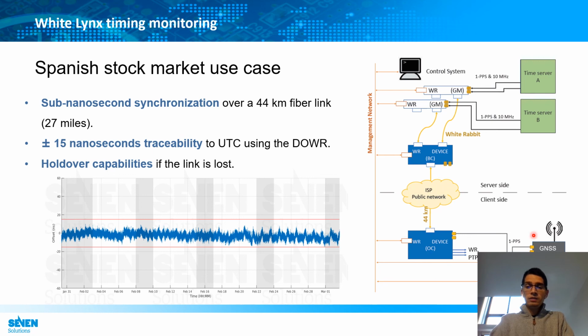And in the second data center, we had a GNSS disciplined oscillator, which also provides White Rabbit. So we were able to provide traceability to the time information that we were receiving here. And the accuracy that we were able to achieve was the one that the GNSS receiver was providing, because in that link, and in the comparison, we were maintaining the sub-nanosecond accuracy. Additionally to that, we included some rollover capabilities that we could also use as a backup reference.